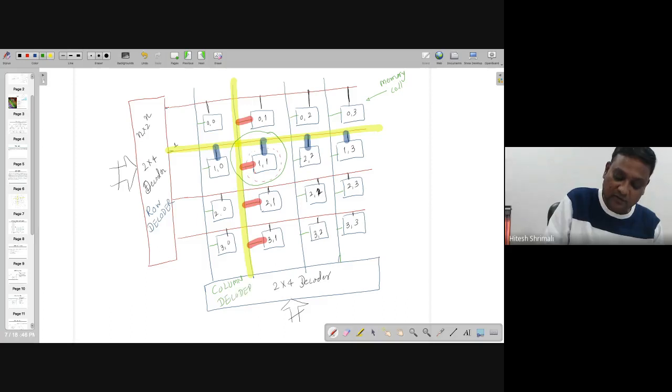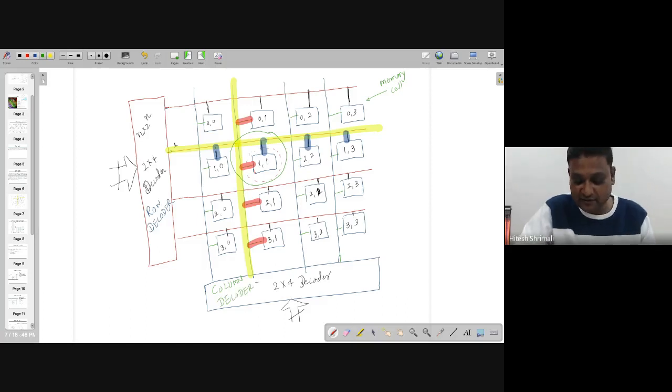Now, if you are supposed to design a decoder in row or column, you can design it with the logic gates, right? It might be with the NAND gate, or whatever the circuits you have studied in your digital electronics course, same circuit will be here, but you have to design all the gates also. So the project which I am going to give you needs to design all these memory cells.